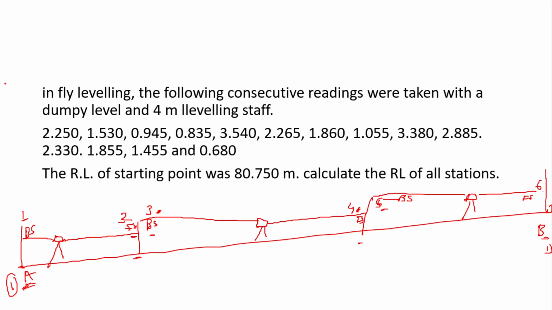So I can write: backsight, foresight, backsight, foresight, backsight, foresight, backsight, foresight, and these are your change points. Change point, change point, change point, change point. There is no intermediate sight reading.